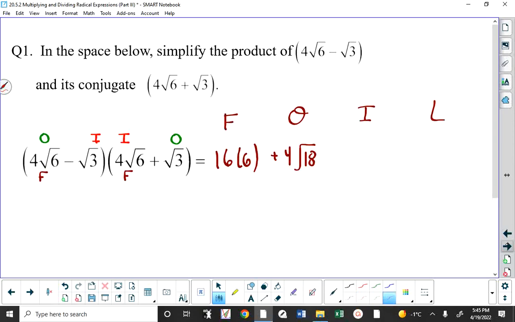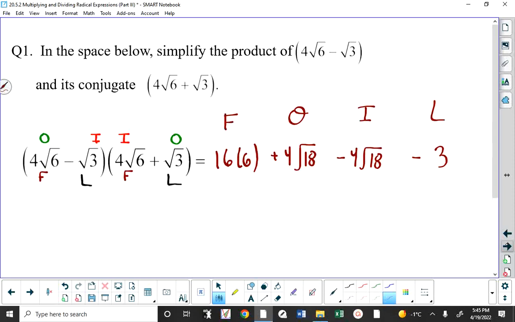Well, we're going to have negative 4 for a coefficient, and root 3 times root 6 is root 18. And our last is the product of this term and this term, which is negative root 3 times positive root 3, which will give us negative 3. Root 3 times root 3 is 3.